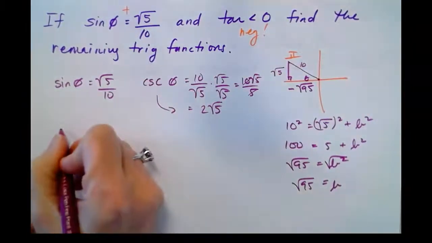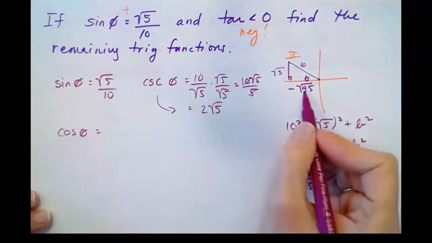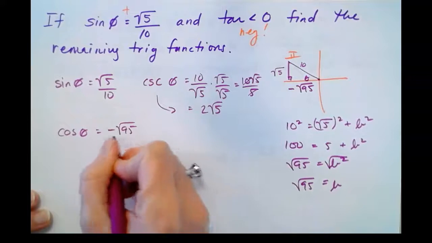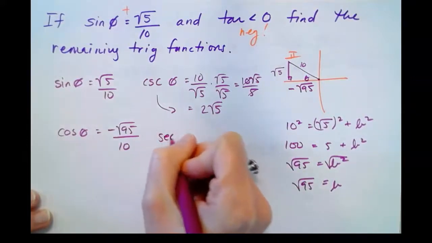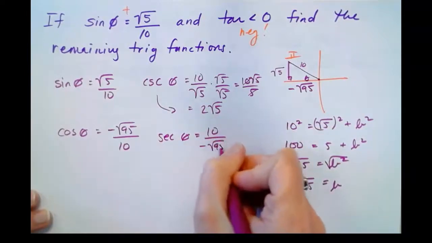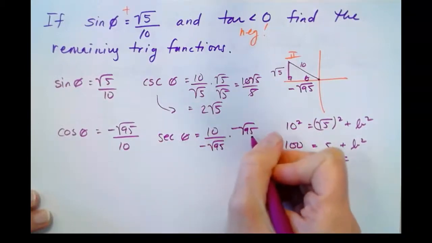Okay, next, cosine. And remember, we're in quadrant 2. Cosine should be negative. So adjacent over hypotenuse, negative root 95 over 10. And go for that secant. The secant will be 10 over negative root 95. Let's multiply.